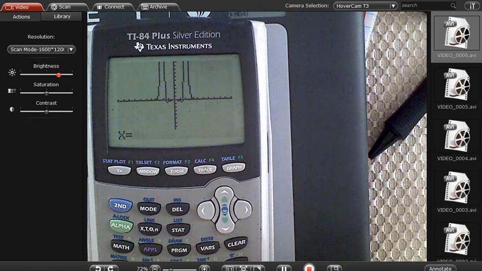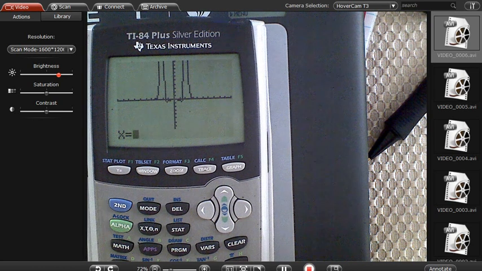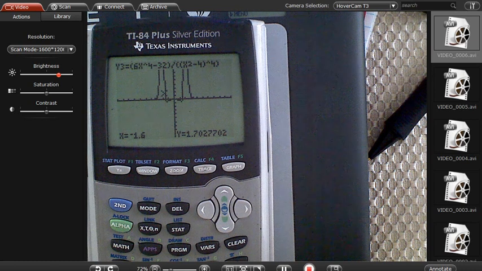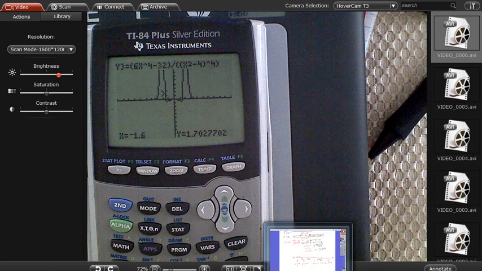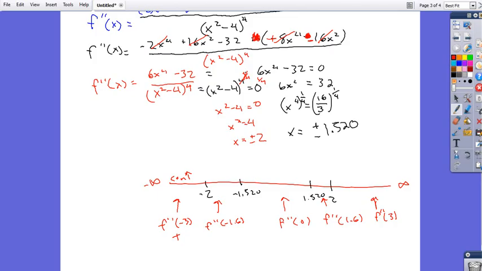Alright, so I'm plugging in negative 1.6. Alright, I get a positive value. Very good. Alright, so let's go back. Alright, right here is positive. You know what this means? That means that is not an inflection point, because it's concave up to concave up.